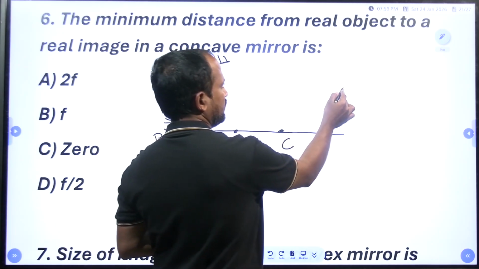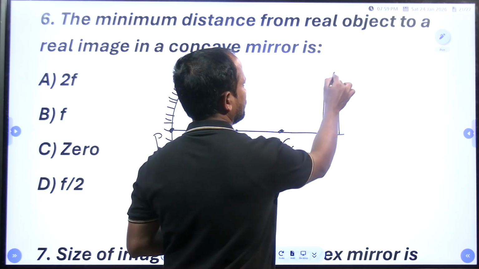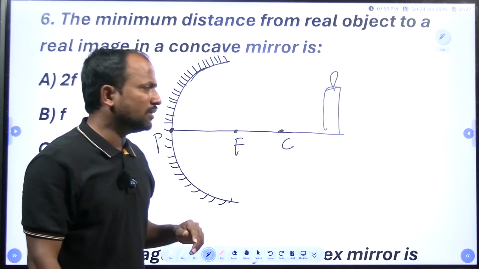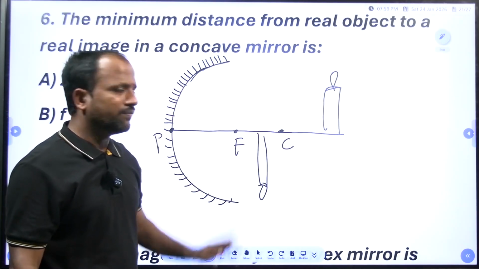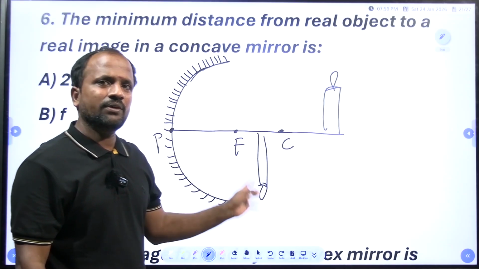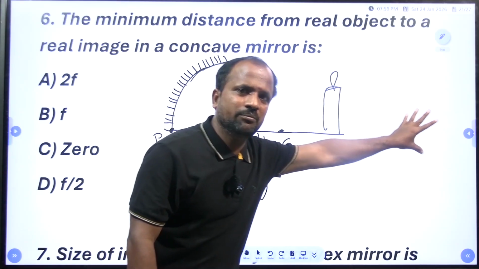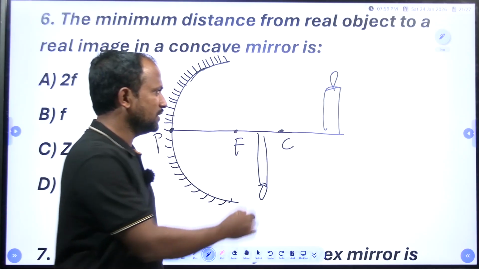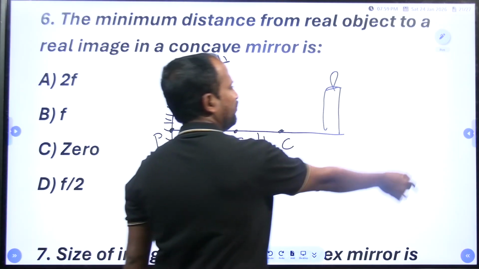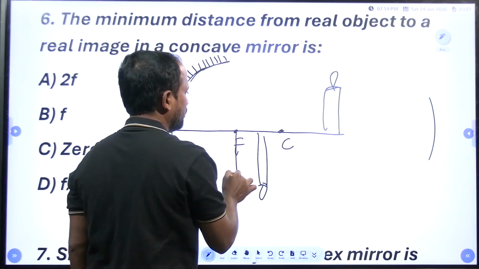If you take the object behind the center of curvature, the image is formed between F and C. If you take the object at infinity, the image is formed at focus.